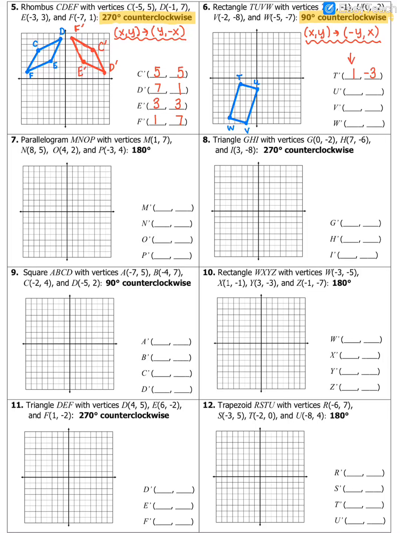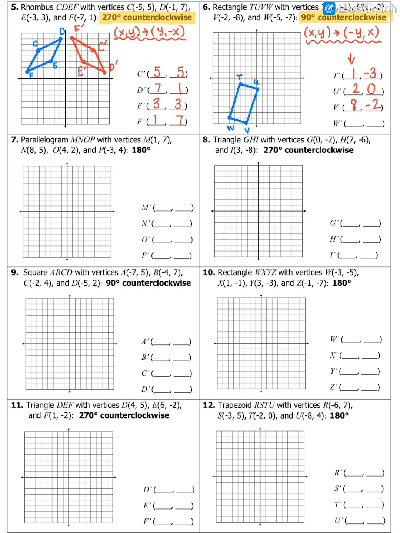So U started off as 0, -2, so I'm going to flip-flop that, it becomes -2, 0, and again, that first number has to change its sign, so it's going to become positive. V prime is going to flip-flop the original point, so it's going to become -8, -2. And again, the first number has to change its sign, so it becomes a positive this time.